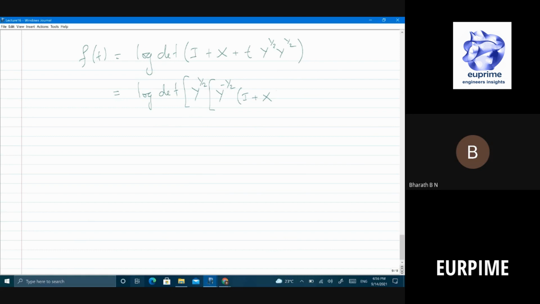Let's see that later. And then right multiplied by y power minus half. Y power minus half is the inverse of y power half. I'm just writing it as y power minus half plus t times identity. Of course, y power half is also here. Is that fine, everyone? Okay. So what is y power minus half? Let's go back.